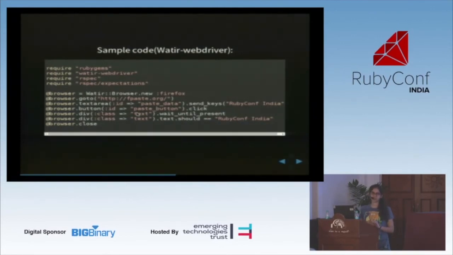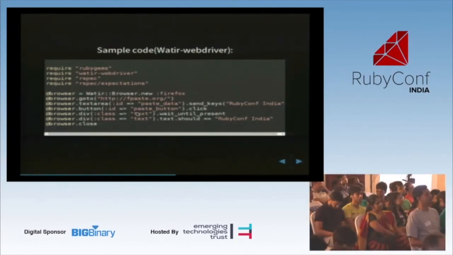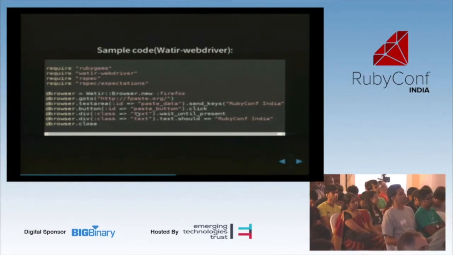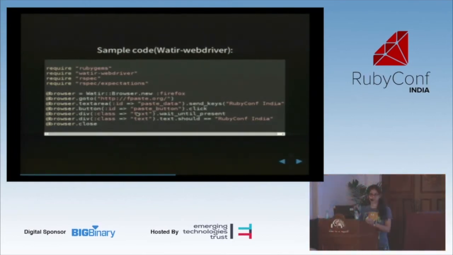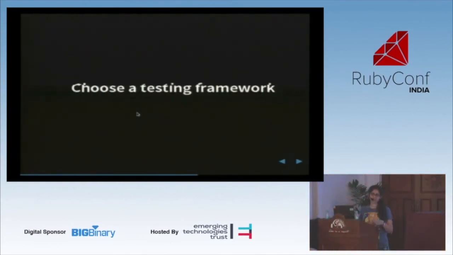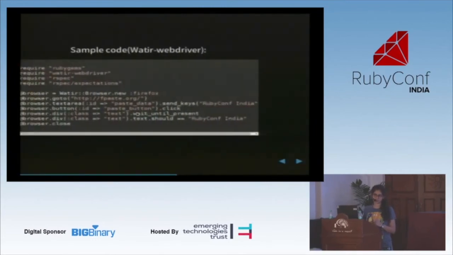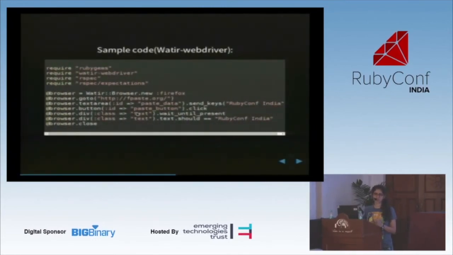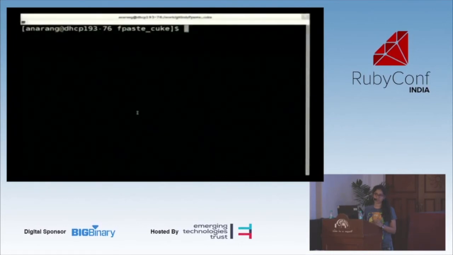If you're adding sleep, you will not give a good user experience to your customers, if you're adding more sleep just to let the elements appear on the page. Next, we verify that whatever text we have entered is the same as the output that we get. And lastly, we close the browser.